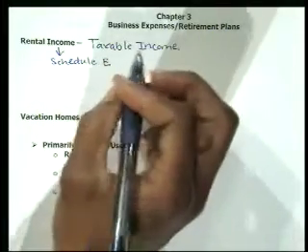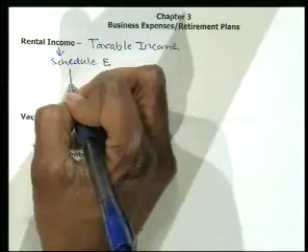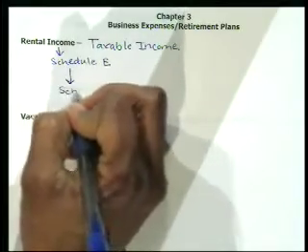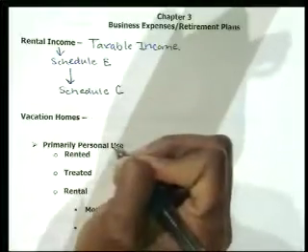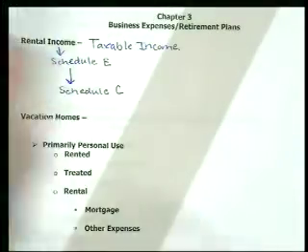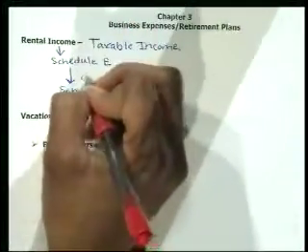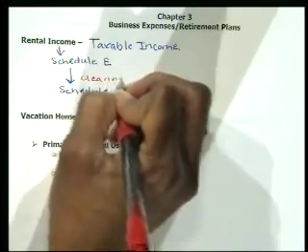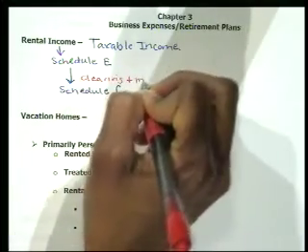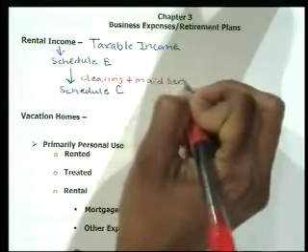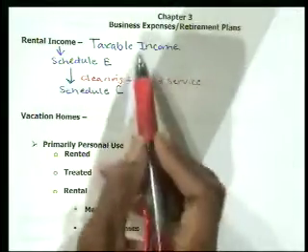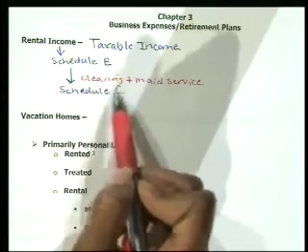Okay, and then it's possible that it's going to be treated as a business and taxable on Schedule C, meaning if there is some cleaning and maid service being provided on this rental property. And probably what we're distinguishing between is rental property that people live in versus hotels.